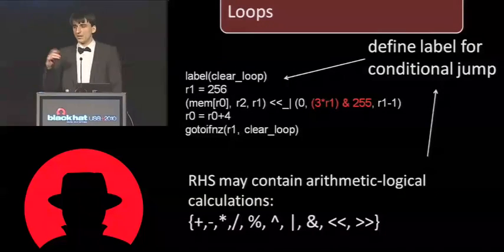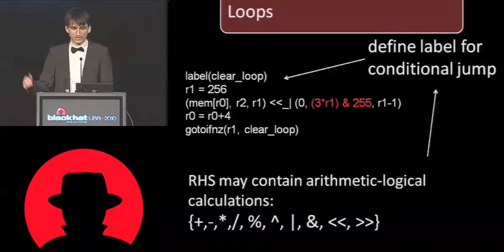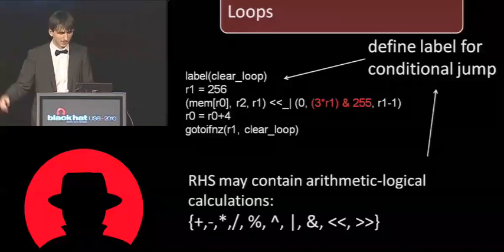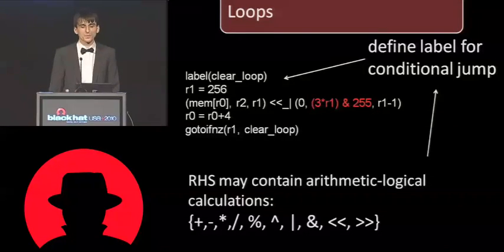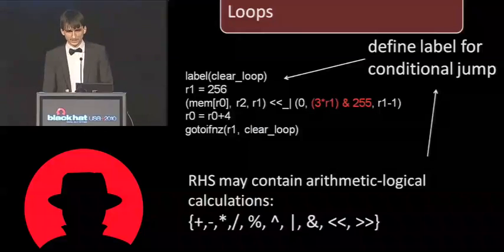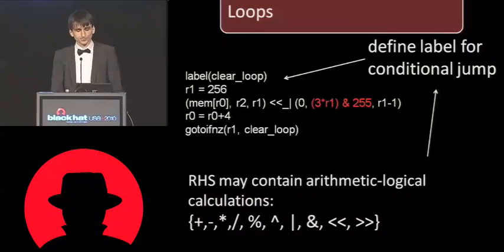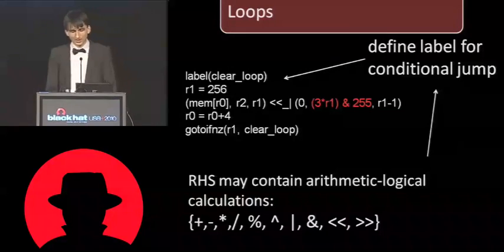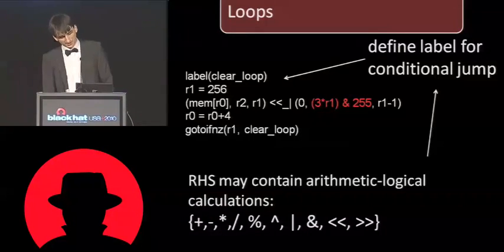Okay, a loop is a very simple thing as well. You define the label for the loop. You define a counter. In this case, it's a register. Then we're doing something kind of nonsensical, but maybe pedagogical.